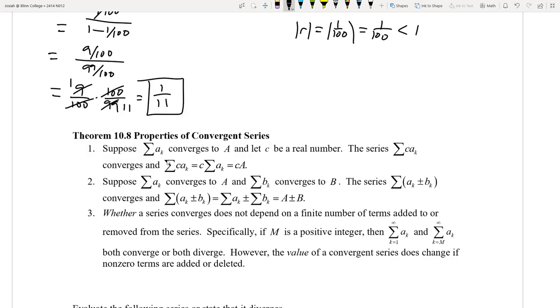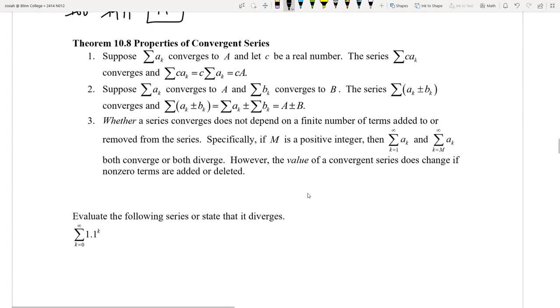So if we have a series that converges to A and a real number C, then we have this constant multiple type theorem, which we've probably seen before with derivatives and continuity. If each of our terms is multiplied by a constant, we can take the constant out and evaluate. Similarly, we have our additive property. If we have one series that converges, another series that converges, and we add each term, or even subtract, then we can separate the summation and evaluate separately.